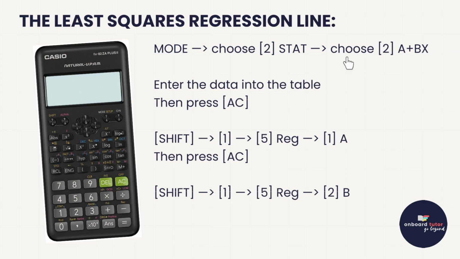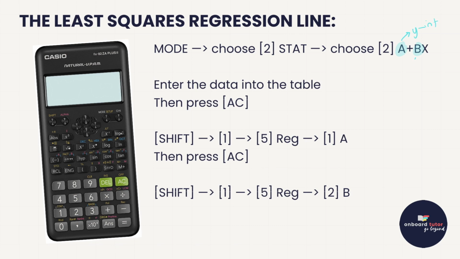Once we're there, we can enter the data that we are given into the table, and then you don't want to wipe it away, you don't want to switch your calculator off, we just want to clear for now. And then you see that there are two variables here that we'll work out? We need A and we need B. A is going to be the y-intercept, believe it or not, of this data.